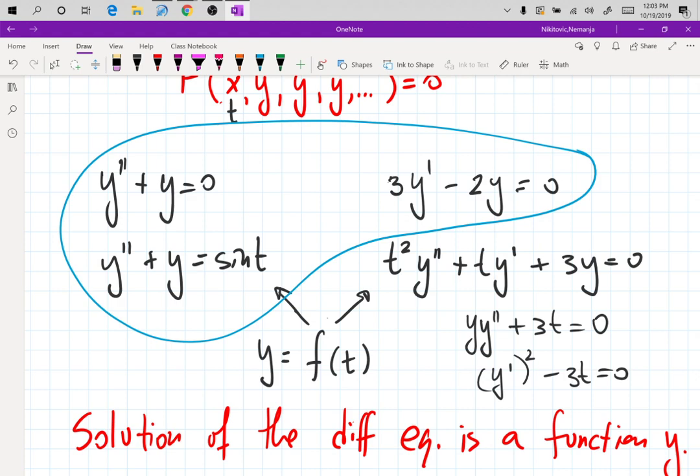So the top 3 equations are linear, the bottom 3 are nonlinear, and there will be infinitely many combinations that you can get in linear and nonlinear. As long as one term is nonlinear, the whole equation becomes nonlinear. So if this t wasn't there, it still would be nonlinear because that term is there.